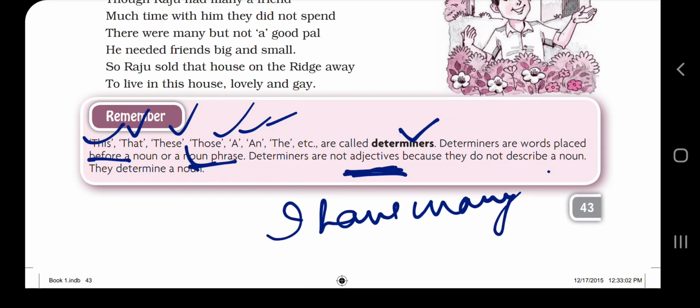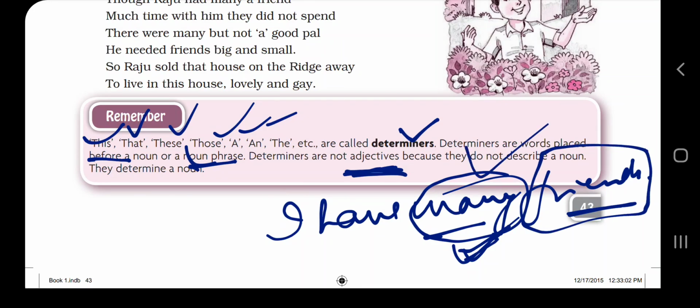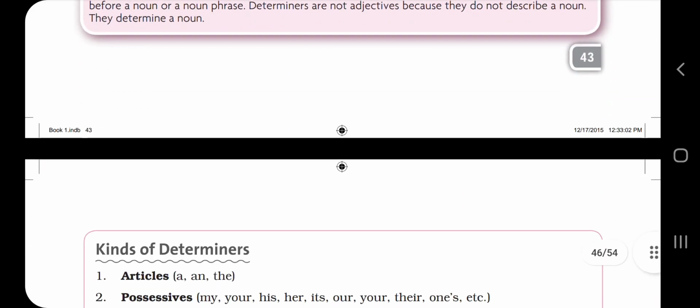Generally you have the notion that if it is coming before the noun, it has to be an adjective. But no, it is not an adjective, it is a determiner. How is it a determiner? Because it is determining the noun, how many friends: many friends. So we are not supposed to misunderstand adjectives with determiners.